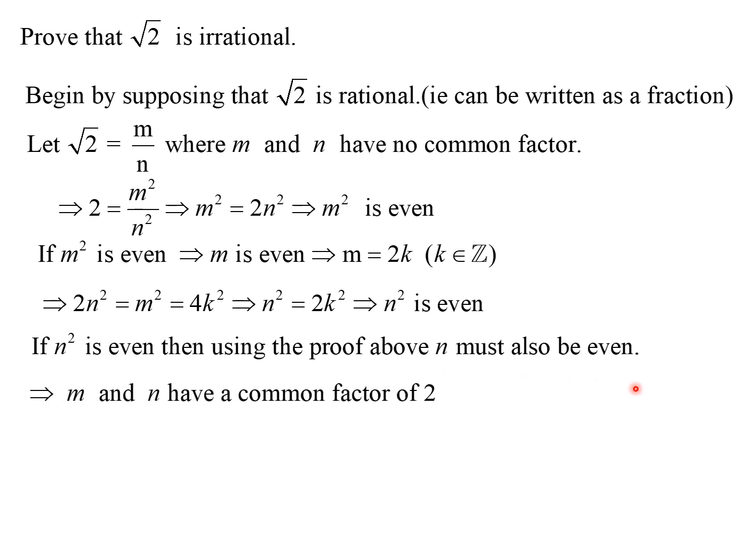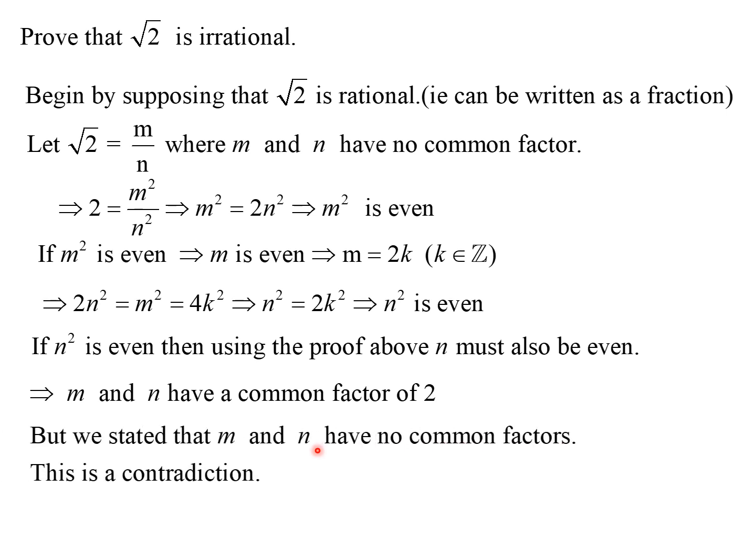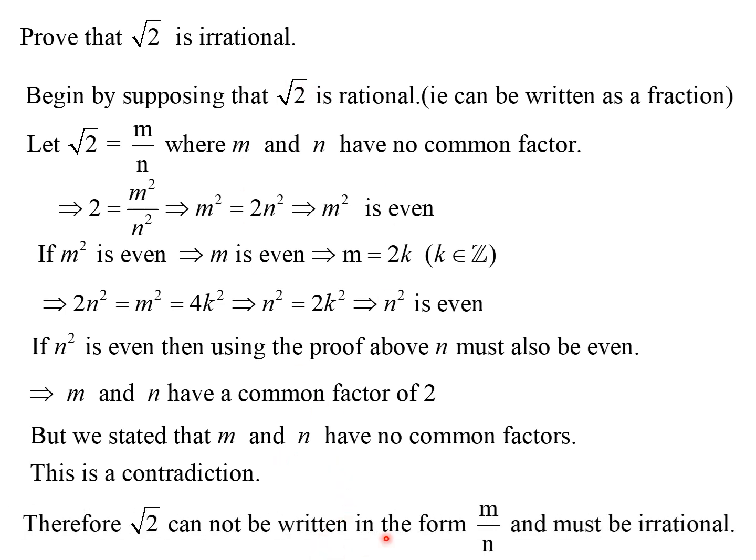In this case, m and n actually have a common factor of 2. Therefore, you cannot write root 2 as a fraction, so this is a contradiction. Our contradicting statement is false. So in conclusion, root 2 is irrational.